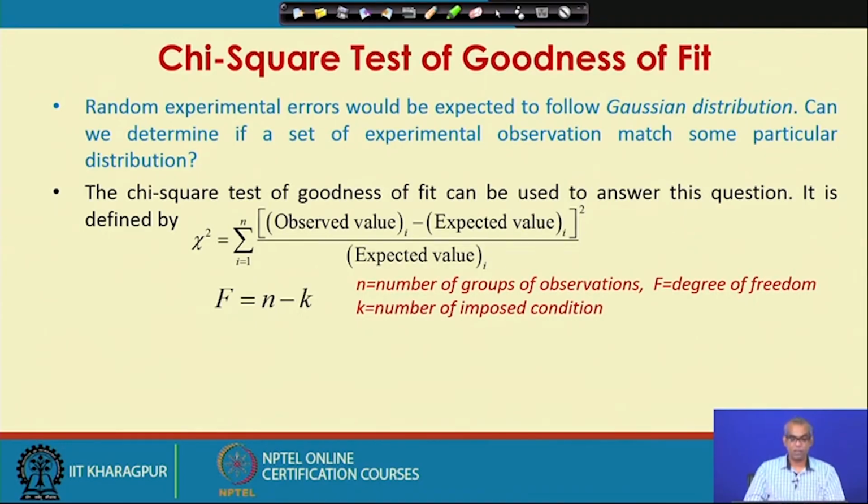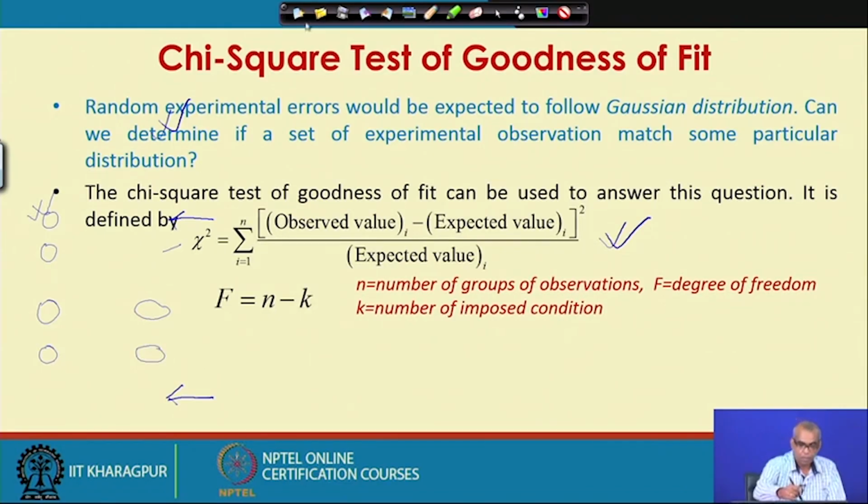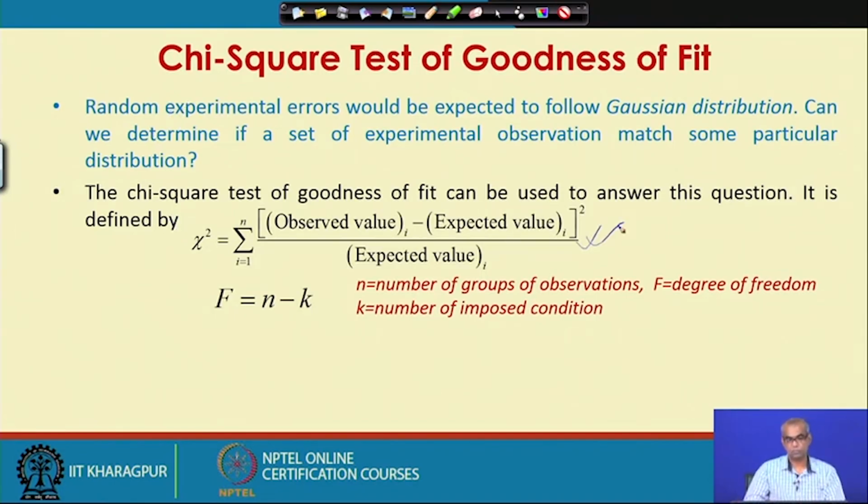Chi-square is defined by this equation. You have a set of data and you are expecting a value following some particular distribution for your data.